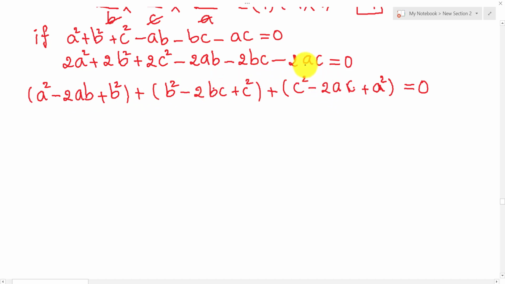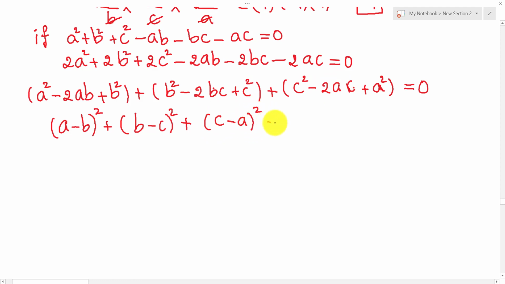Okay, now this expression I can write as (a minus b) all squared, and this expression I can write as (b minus c) all squared, and this expression I can write as (c minus a) all squared equals 0. So this expression squared plus this expression squared plus this expression squared equals 0. So this equals 0, and this equals 0, and this equals 0.